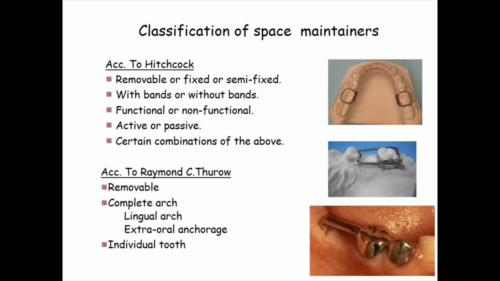Moving on to the classification of space maintainers, there are various classifications. According to Hitchcock, it is removable, fixed or semi-fixed, with bands or without bands, functional or non-functional, active or passive space maintainers, and certain combinations of the above. According to Raymond, it is removable, complete arch, maybe lingual arch or extraoral anchorage, and individual teeth.